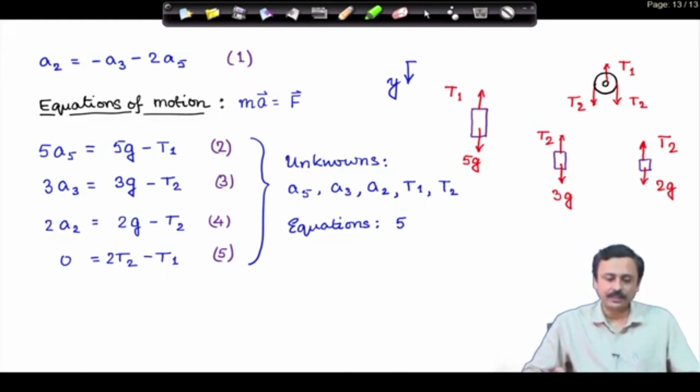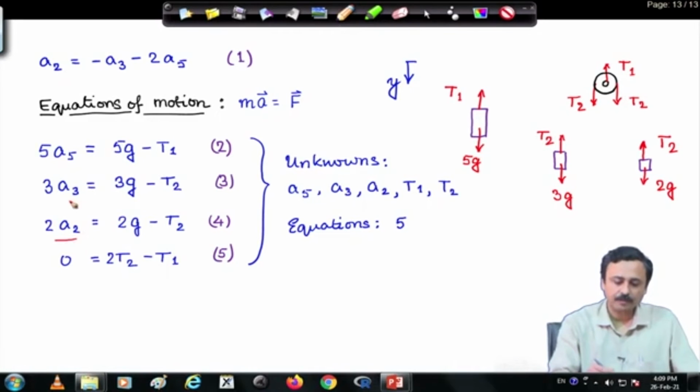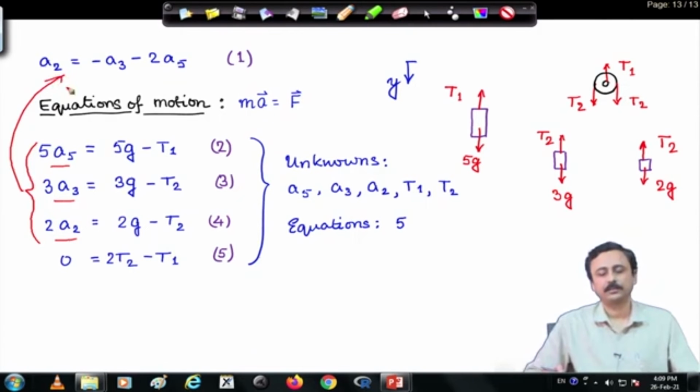The way I solve it is I determine a2 from here, a3 from here, a5 from here, and substitute in the kinematics relation 1.